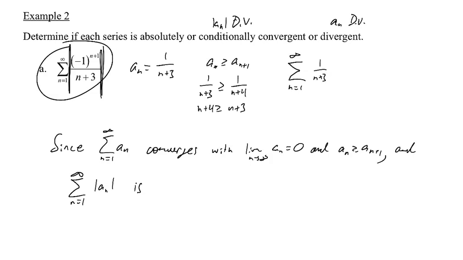So that would be 1 over n plus 3. This is divergent. I can compare it to a p-series. So I'm going to compare it to b sub n, which is 1 over n. And let's do the limit comparison.